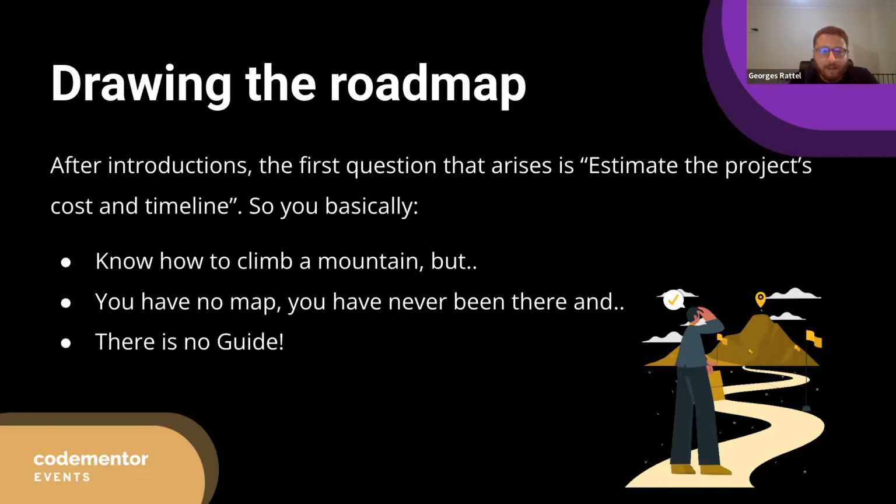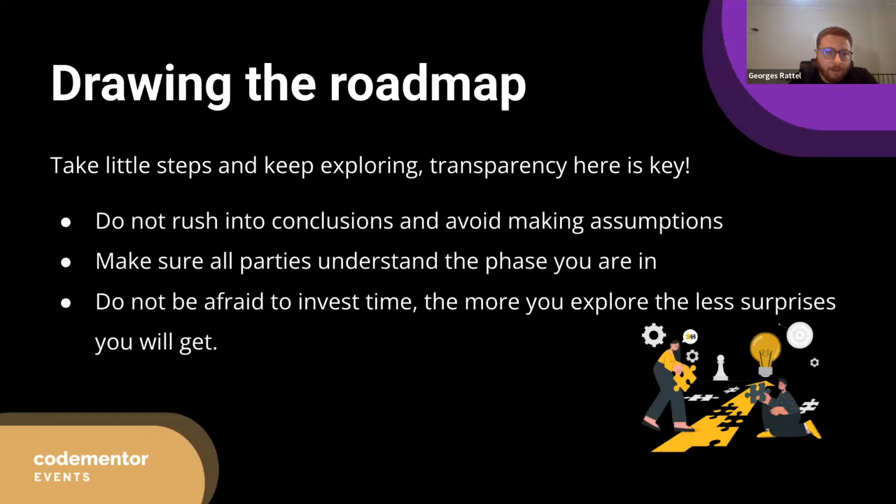And this cannot happen all at once. It has to be done in little steps. So the trick is to simply take very little steps and keep exploring, while being always transparent.